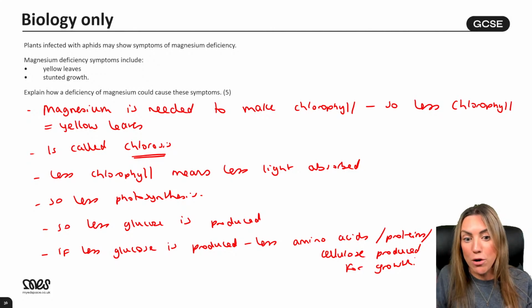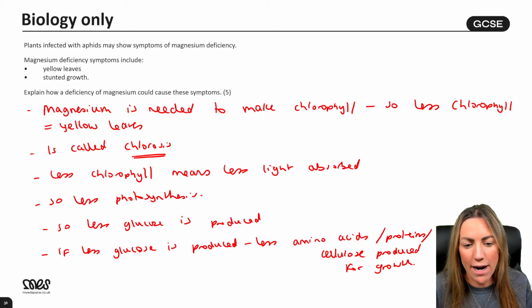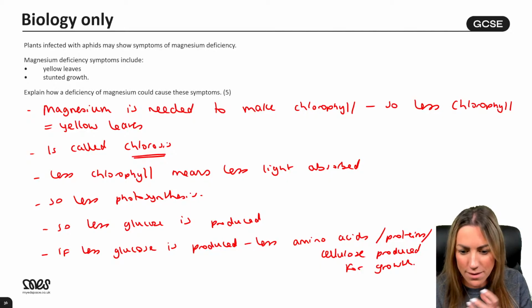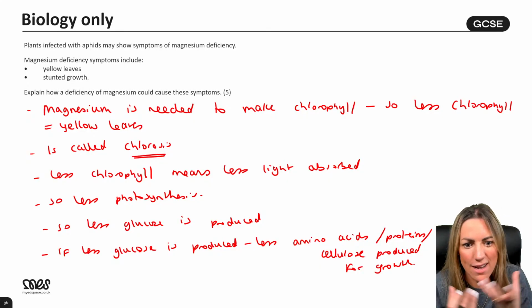Because they need protein to grow. They need amino acids to make protein. They need cellulose to grow, because cellulose makes up cell walls. If they can't make new cell walls, they can't have cell division.